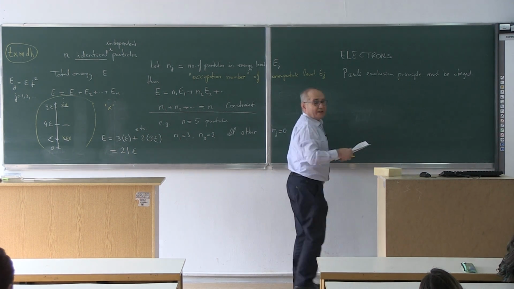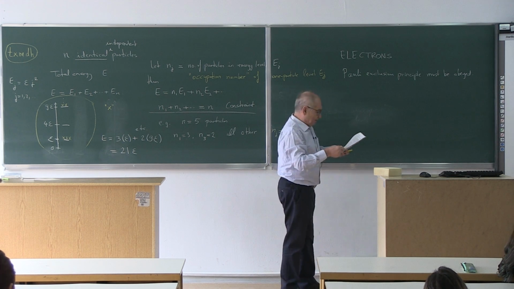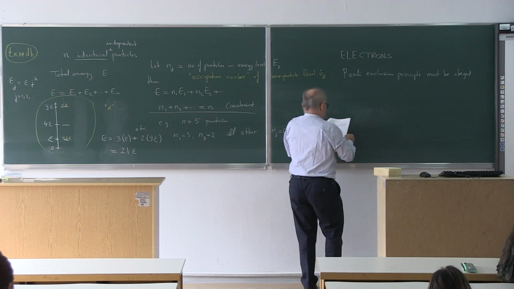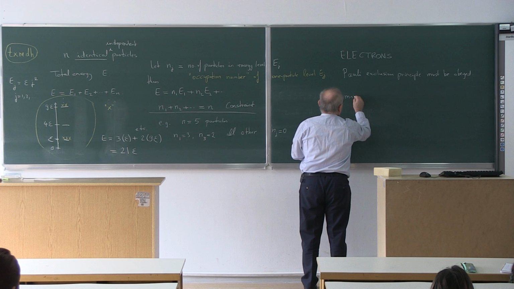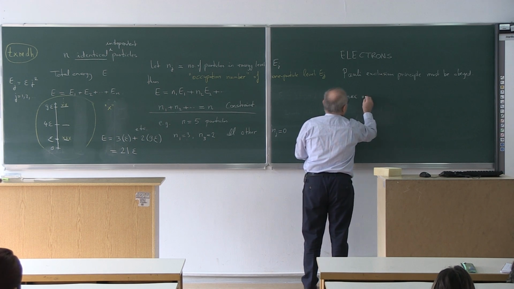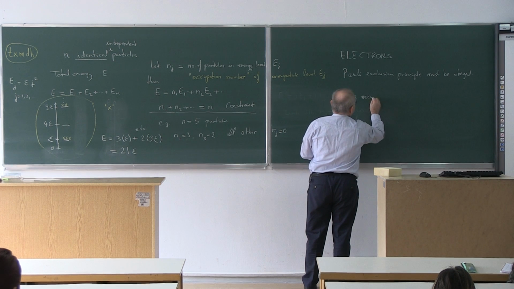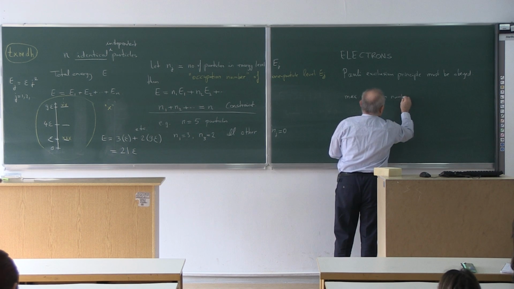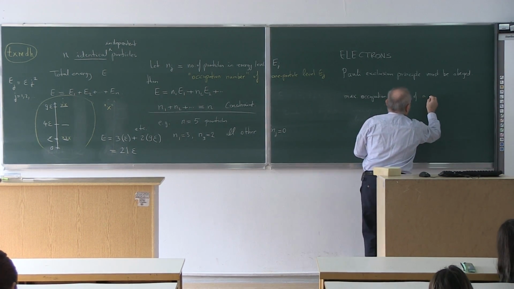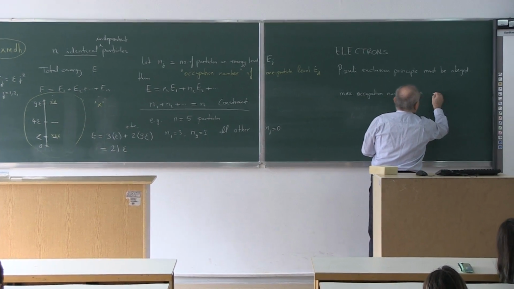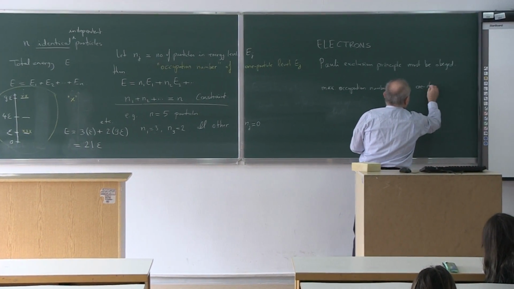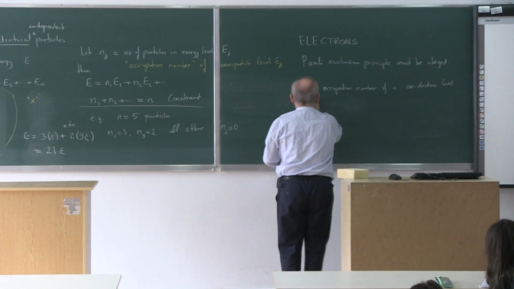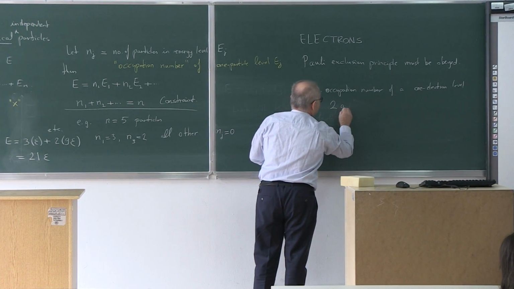Now, there is a simple statement of Pauli principle in terms of the occupation numbers. And it says maximum occupation number of a one electron level is 2 times g.